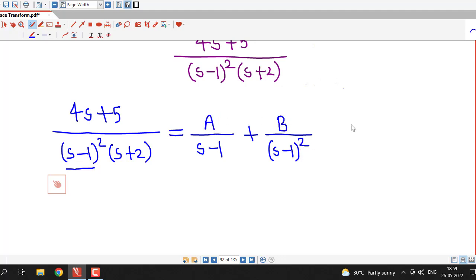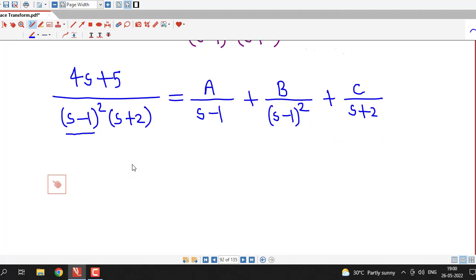Here we write constants A and B, and corresponding to s plus 2 we write capital C in the numerator.